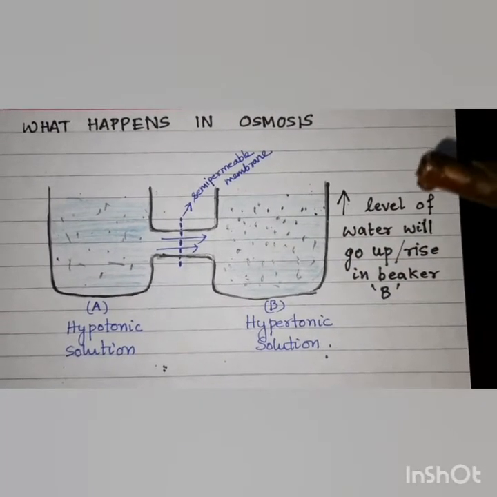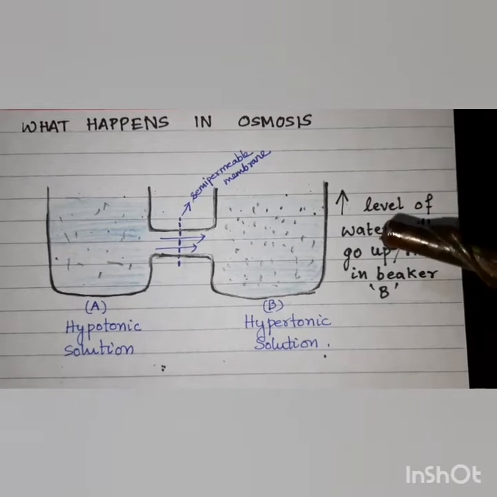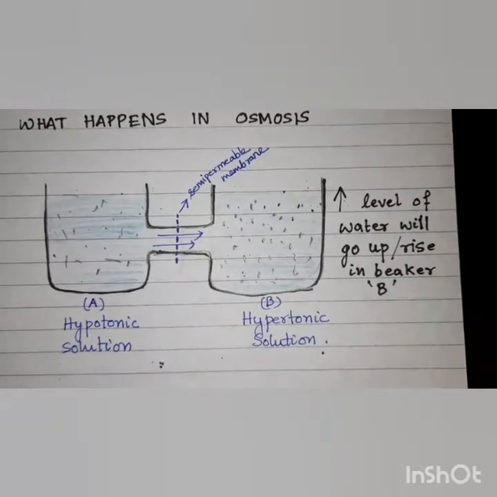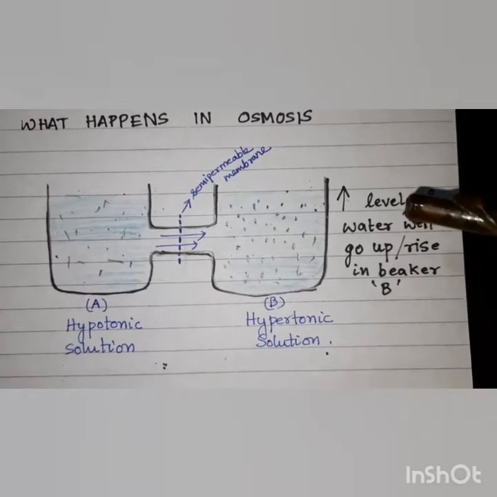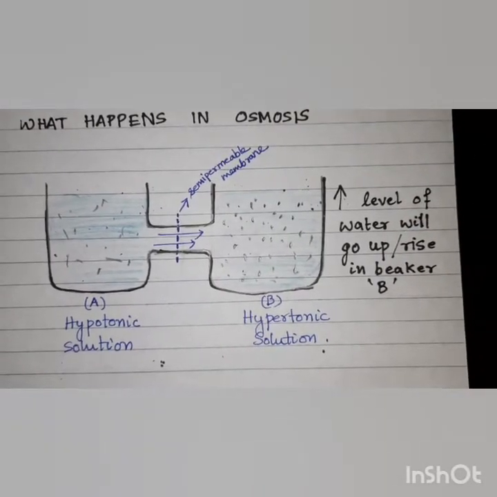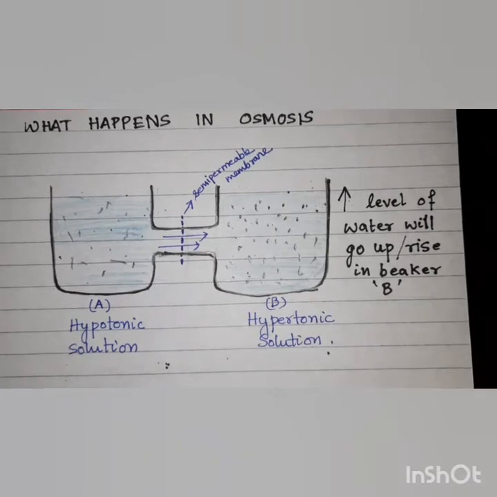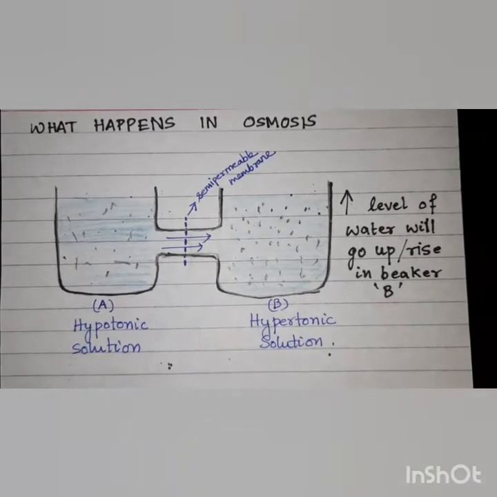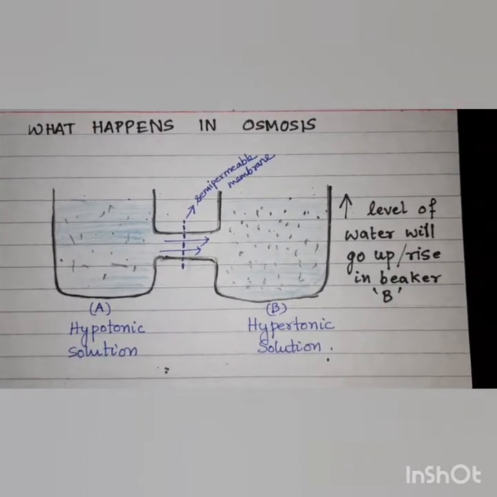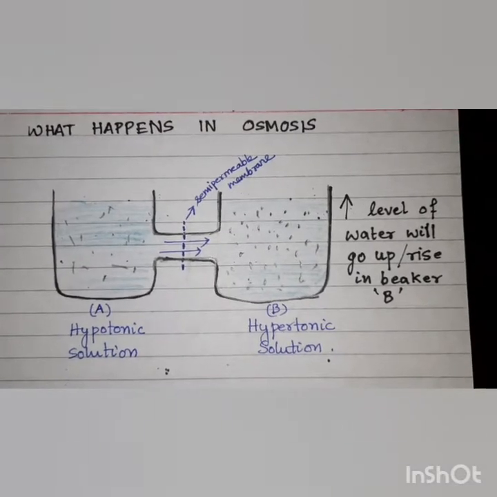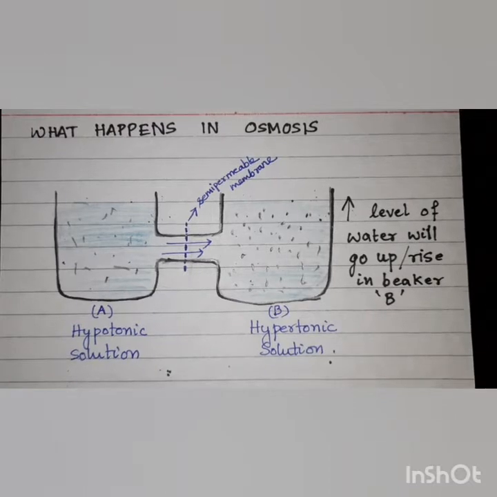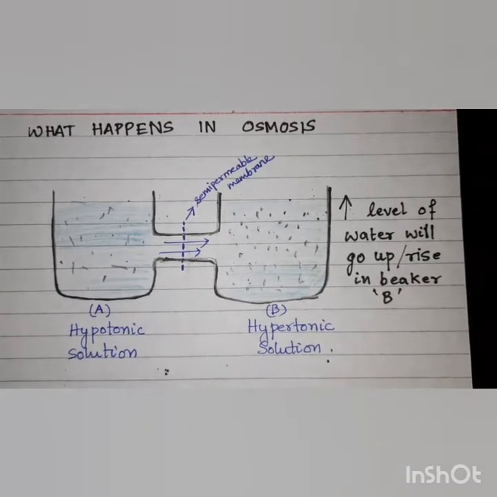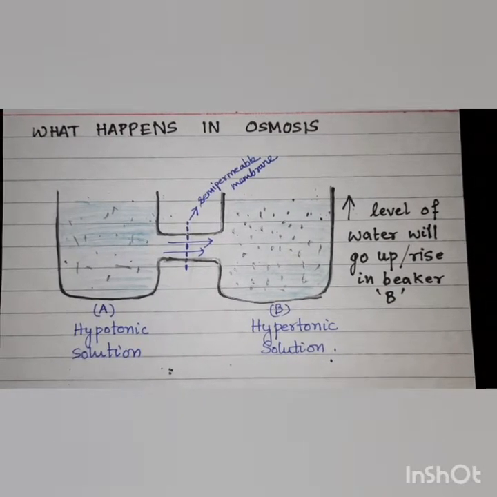But when osmosis occurs and the concentration of solution in beaker B becomes the same as that of A, the sweetness of water in both the beakers will become the same, indicating that osmosis has allowed water to move from A to B to equalize the concentration of the solutions in both the regions.